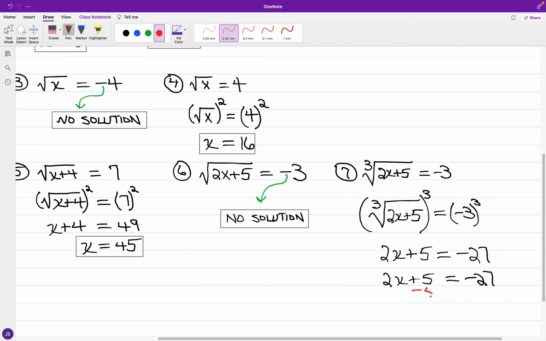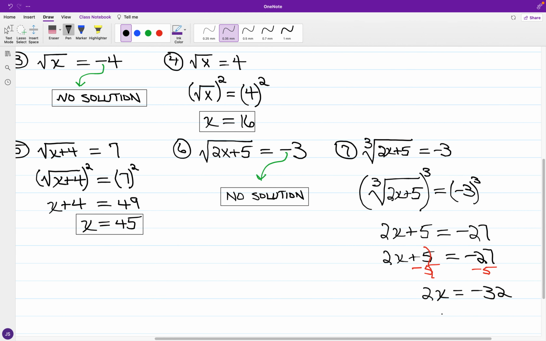And so just isolating the x term, we'll have 2x is equal to -27 minus 5, which will be -32. And upon dividing both sides by 2, we'll have x is equal to -16.